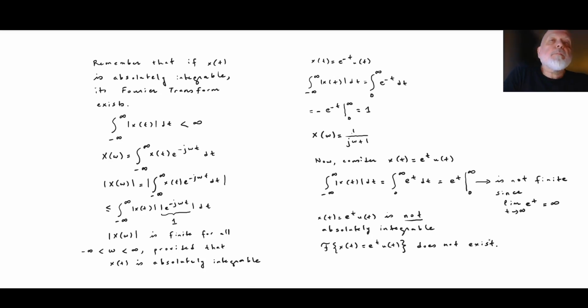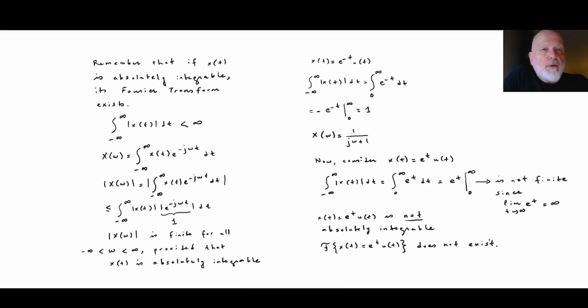Okay, so the question is the following. Do we have to stop at this point, or can we do something to solve this problem? Obviously, the Fourier integral will not be a convergent integral, since the signal is not absolutely integrable, and it's not possible to evaluate the Fourier transform by means of the Fourier integral.